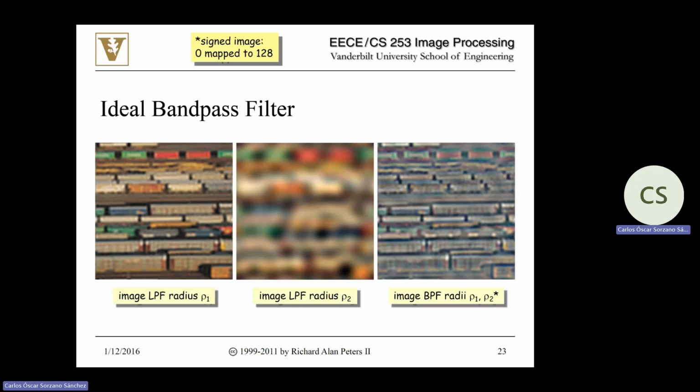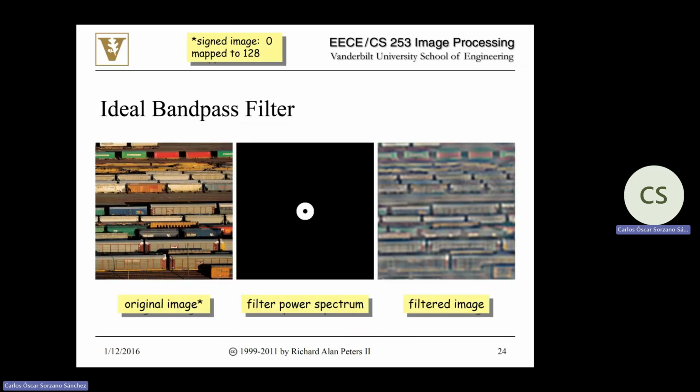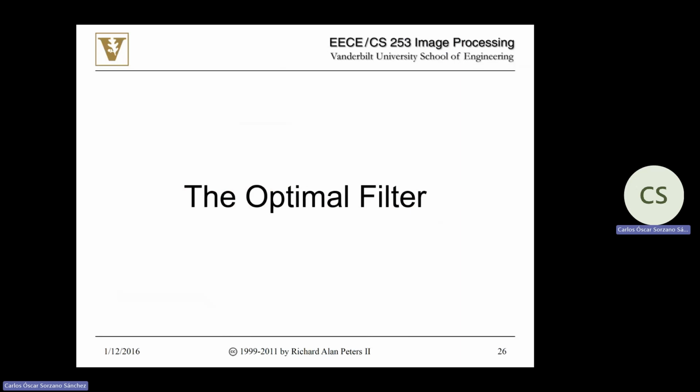This is the result. So now we have edges of a given size, and the size is given by the frequencies that you let pass. All these are different versions of that.